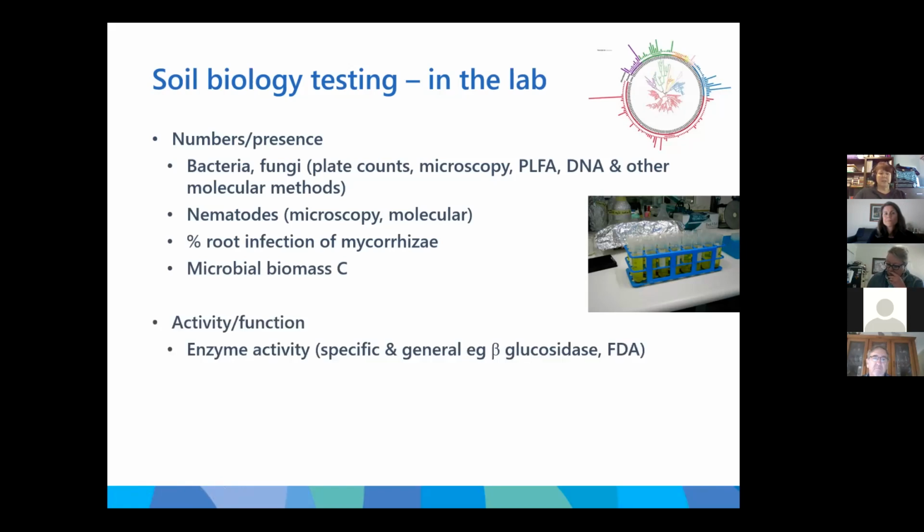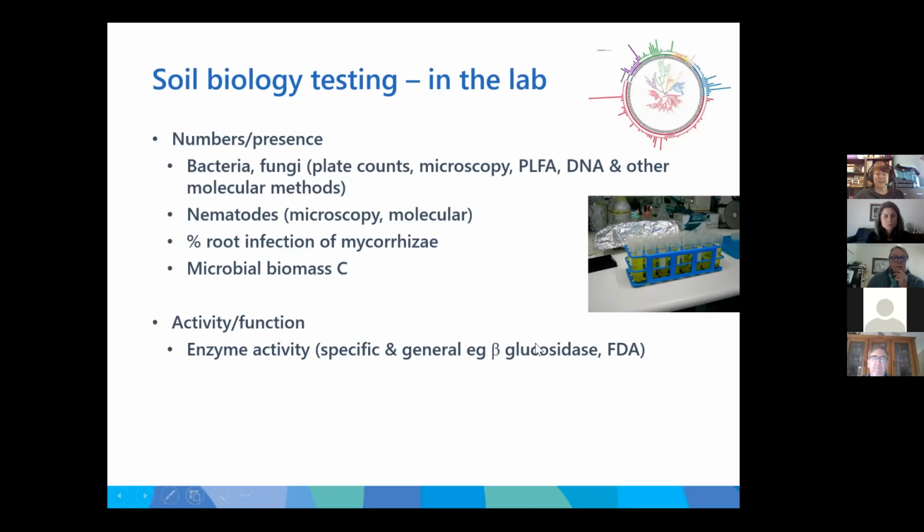There's a lot of work in looking at assessing soil activity, which is their function. And so one of the groups of tests is enzyme activity, so looking at the actual process that happens in the soil, irrespective of whether it's bacterial or fungal. And they can be the specific individual enzymes that convert one chemical to another, or they could be general.